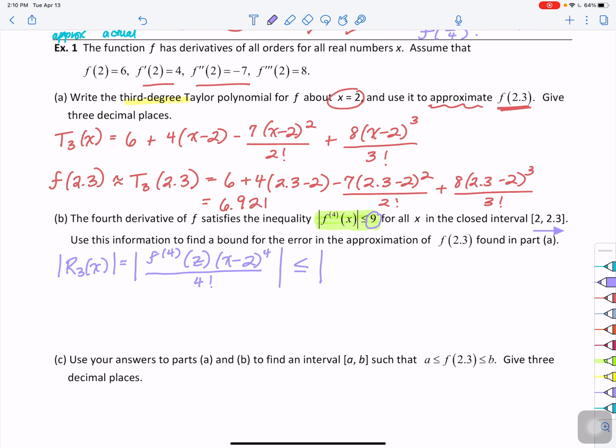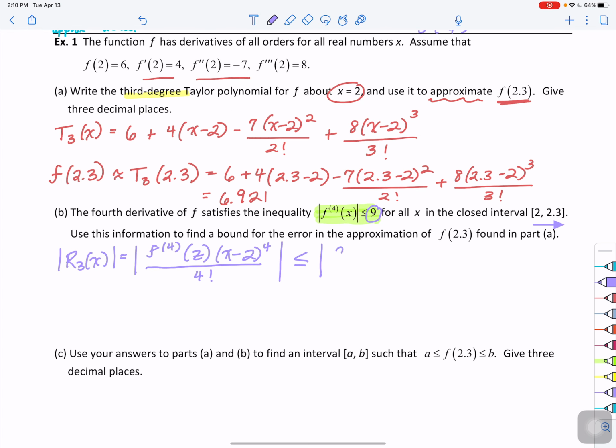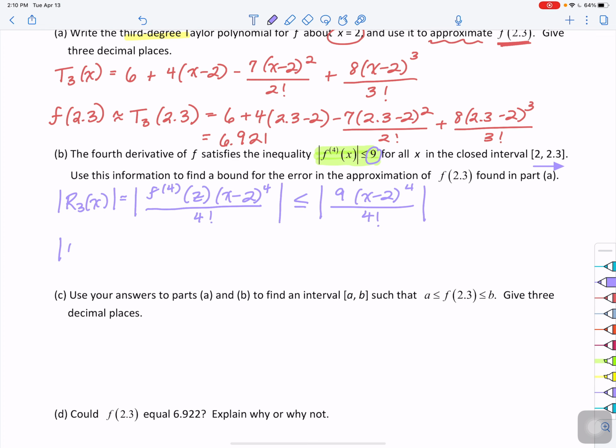So we actually have that boundary, 9 times x minus 2 to the 4th, all over 4 factorial. That's our boundary. So now the remainder, after approximating with the third degree Taylor polynomial, that absolute value is less than or equal to 9 times 2.3 minus 2 to the 4th power, all over 4 factorial.